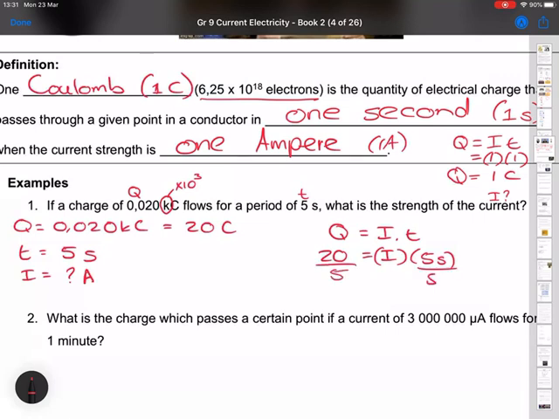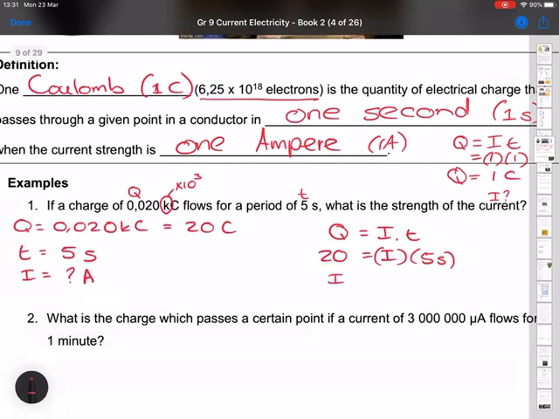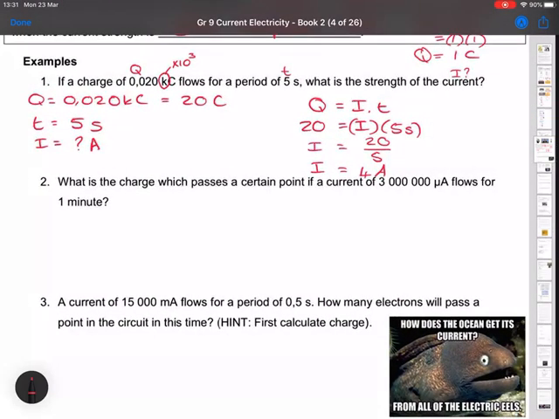Let's rearrange. So 20 divided by 5. If you divide both sides of your equation by 5, then you're going to have 20 over 5, because those 5's cancel, is equal to I. So I is equal to 20 divided by 5. And on your calculator, 20 divided by 5, if you can't do that in your head, is equal to 4 amps. 4 amperes of current. All right.